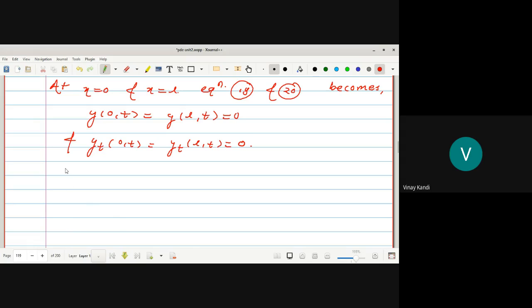Okay, so this shows that y of xt in 19 satisfies the given 19 and 20. Okay, 19 and 20 satisfies the boundary condition.